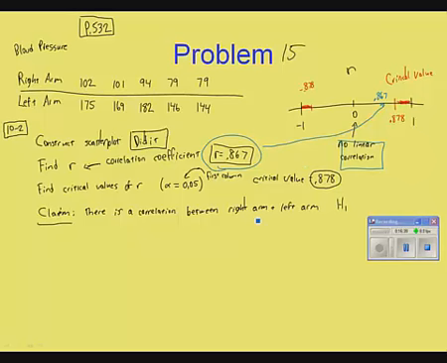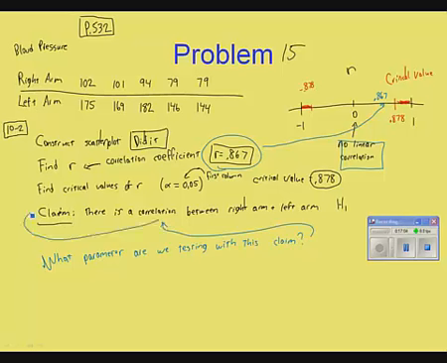And, you know, it's kind of interesting what you're doing here, really. What parameter are we testing with this claim? Right? That's the real question.